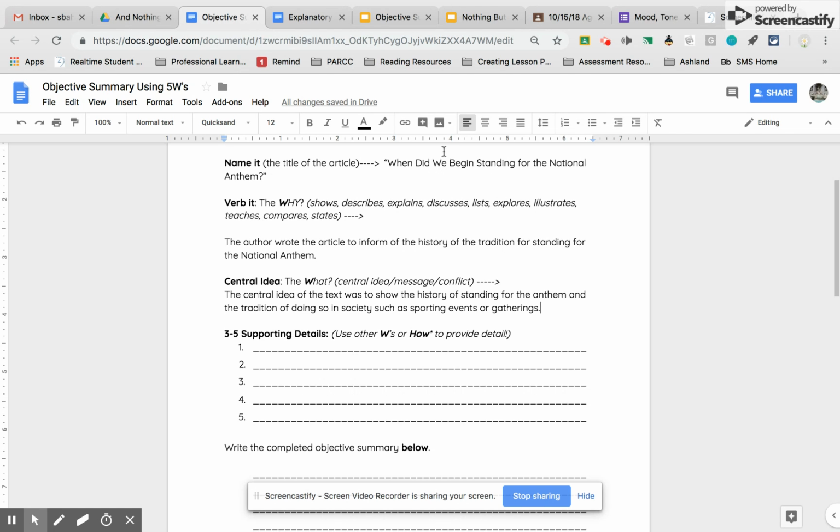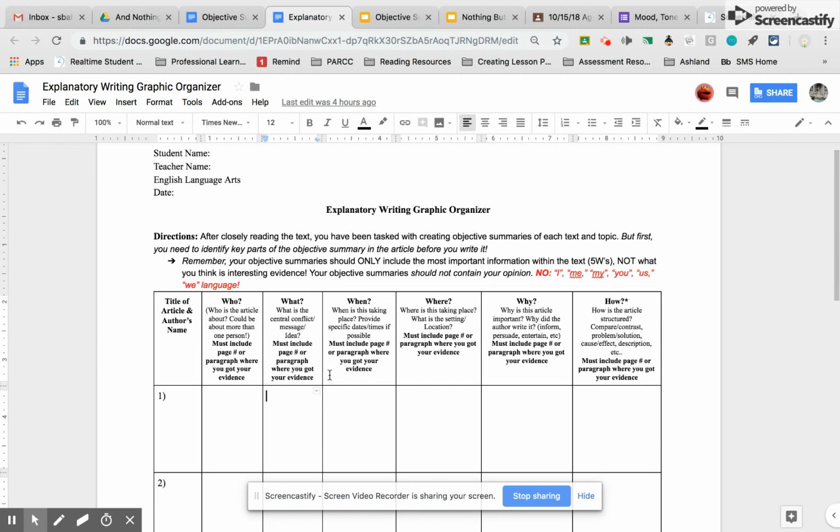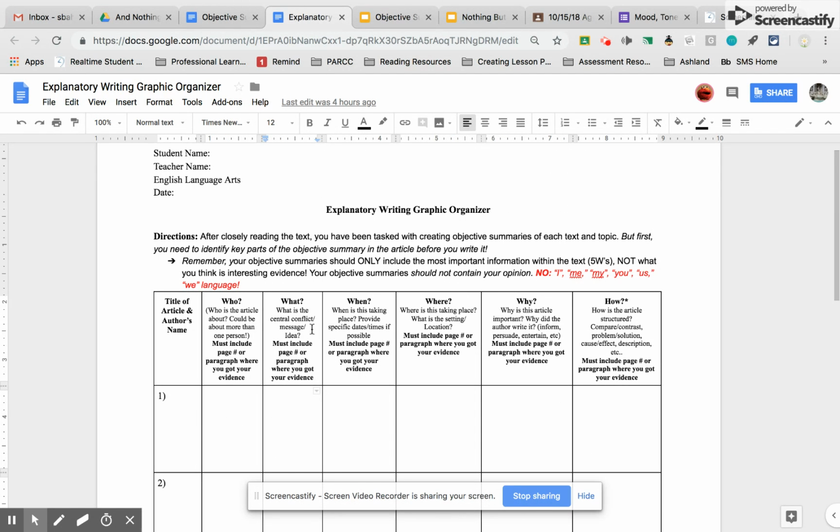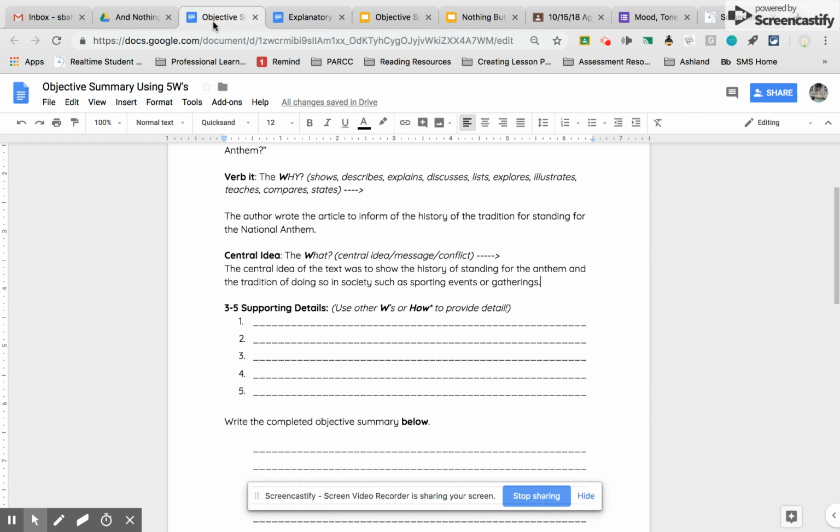I took that from the what in my yesterday's what, right? And this is what we filled out for number 1, right? This was what was done yesterday. Now I'm going to take a look at some of the other supporting details. I might want to include some of the other W's or the how. So who the article was about. I might want to stop here to include, right, who the article mentioned.